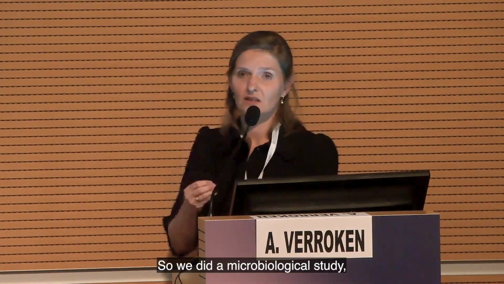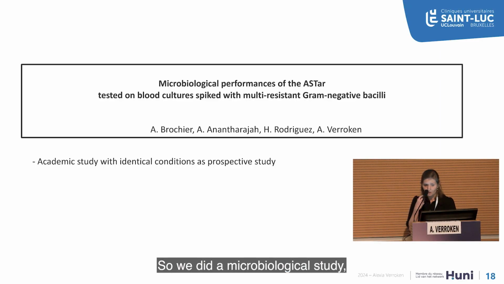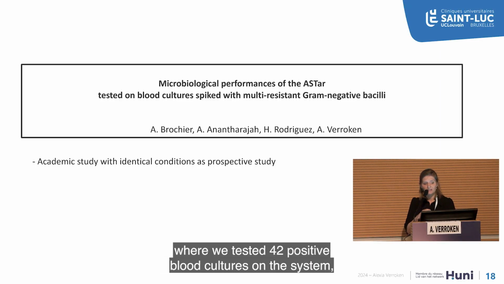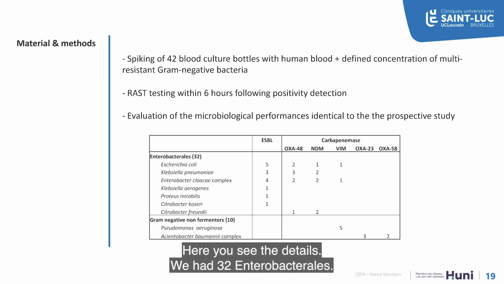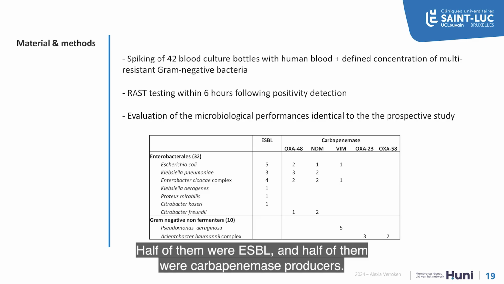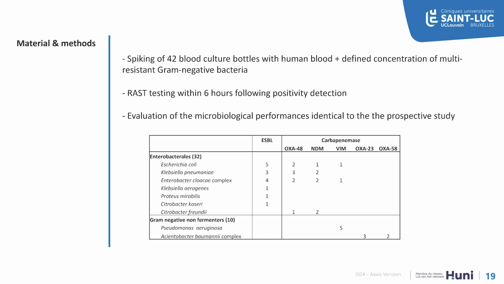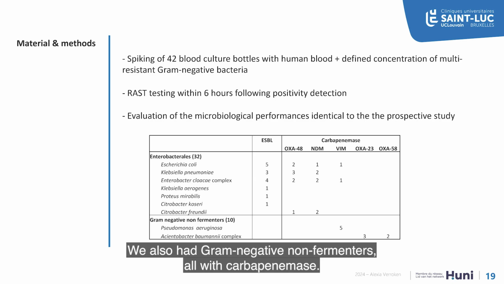So we did a microbiological study, where we tested 42 positive blood cultures on the system, blood cultures that we spiked with multi-resistant bacteria. Here you see the details. We had 32 Enterobacterales, half of them were ESBL and half of them were carbapenemase producers, and we also had gram-negative non-fermenters, all with a carbapenemase.